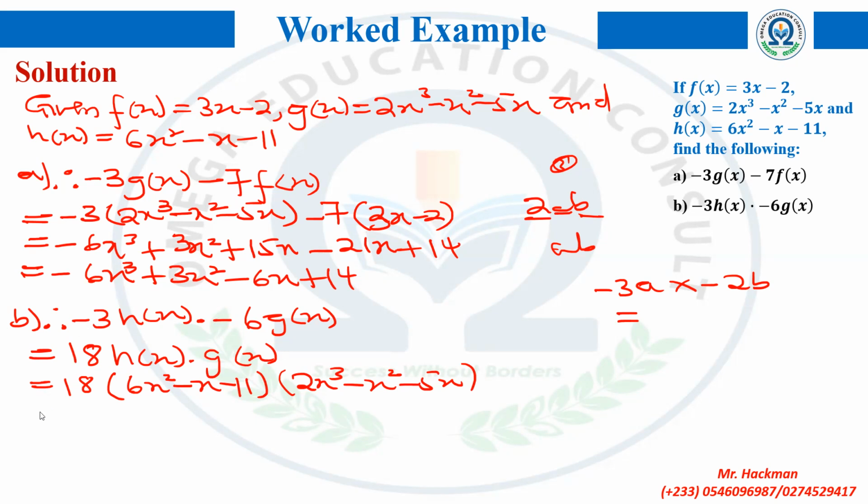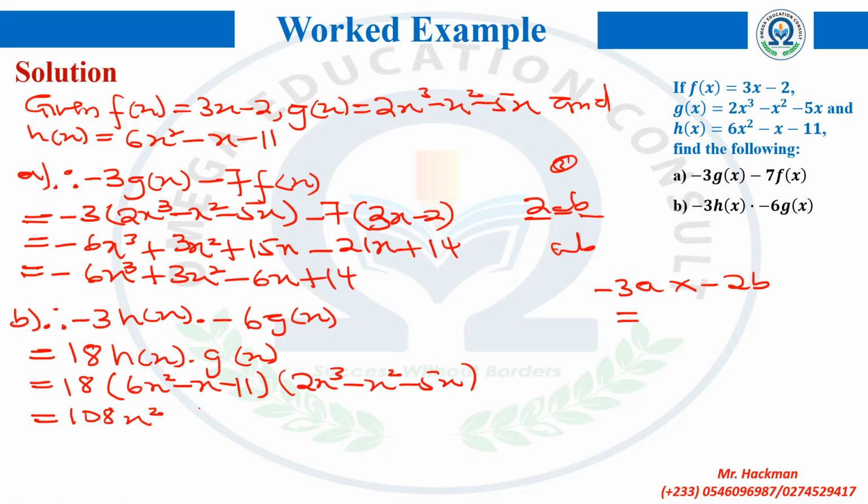So I will multiply the 18 and the next factor. Take note. So what do we have? 18 times this will give us 108x squared.